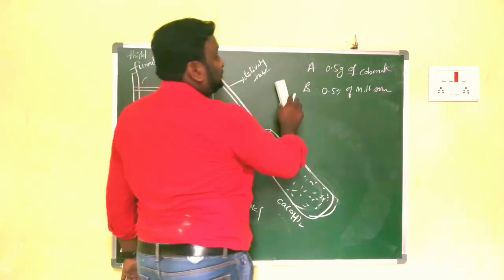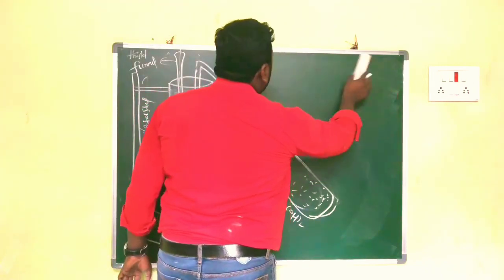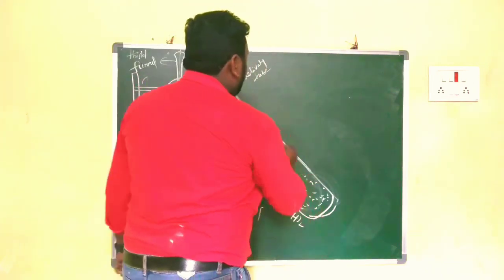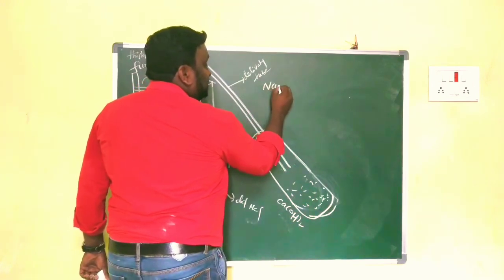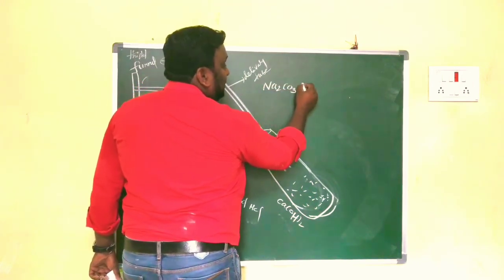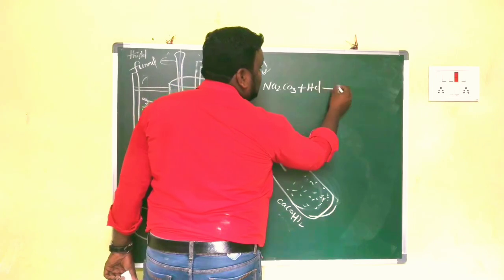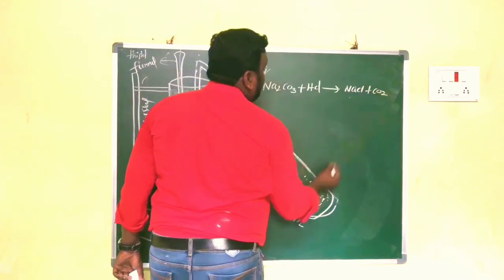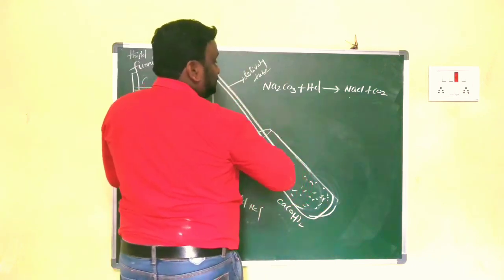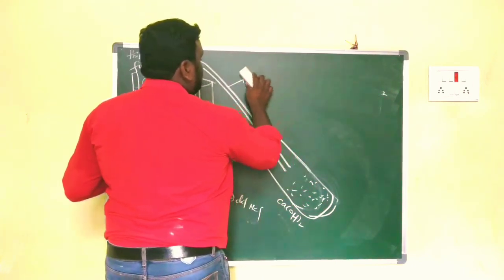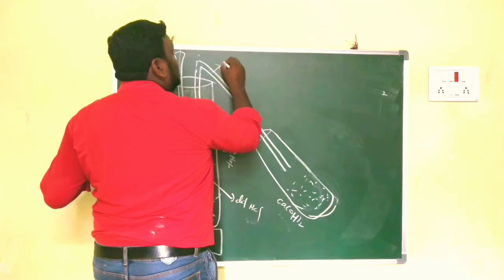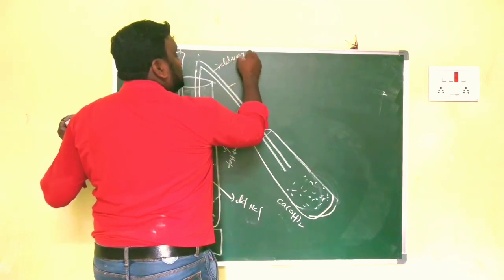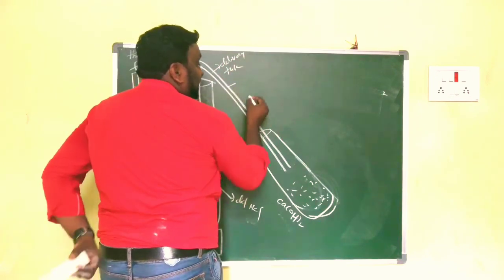Now I am showing the reaction. Na2CO3 plus HCl gives rise to NaCl plus CO2. This is the delivery tube. The reaction should be like this.